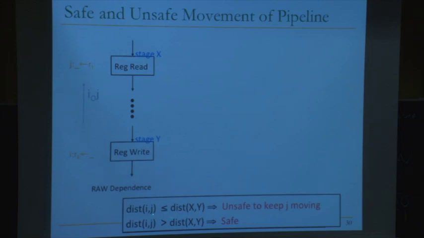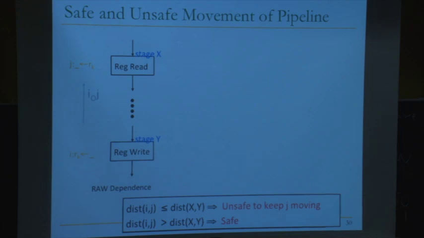Whereas if the distance between the instructions is less than the distance between the register write and register read stages, then you cannot move the instruction. And you can think of this from a compiler point of view, right? Compiler needs to guarantee this when it's scheduling instructions if you don't have hardware-based interlocking. So these theoretical analyses are useful in the compiler community also when you design a compiler.